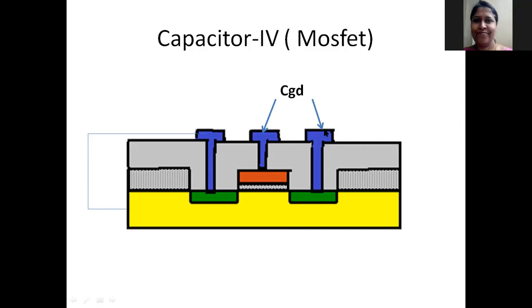We also observe capacitance between gate and channel. The capacitance appearing between these two terminals can be used as a capacitor.